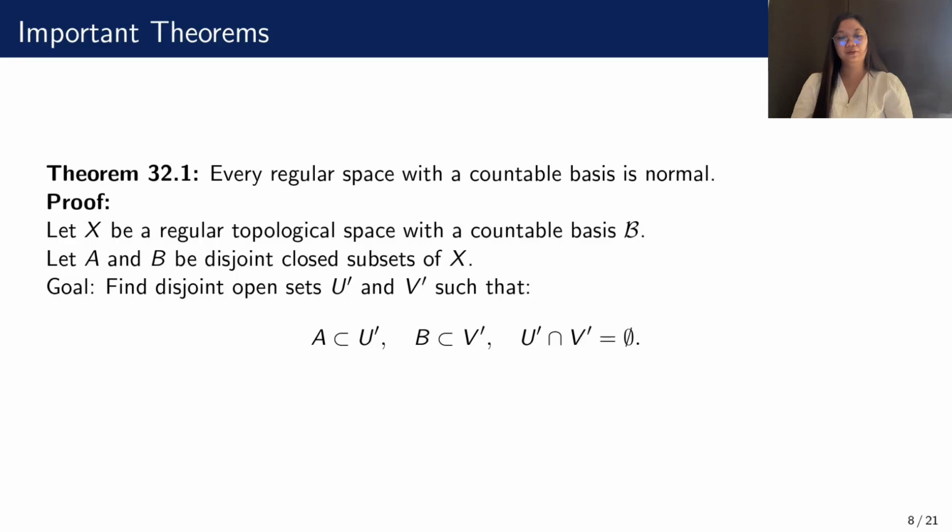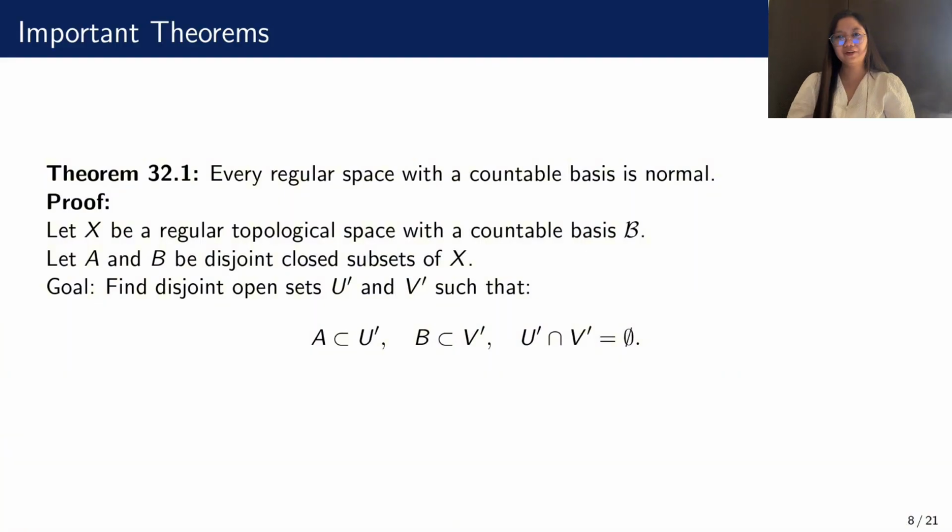So if we have every regular space with a countable basis, then it is normal. For our proof, we'll let X be a regular topological space with countable basis beta, and we'll let A and B be disjoint closed subsets of X. So what is our goal now? If we have a regular space with a countable basis, what is left to show is that it should be normal.